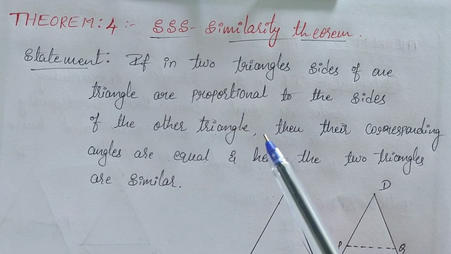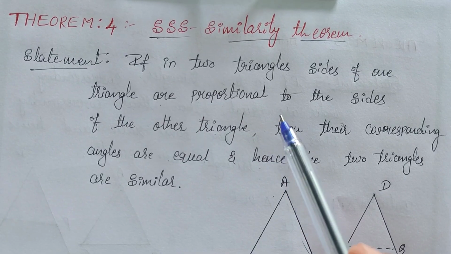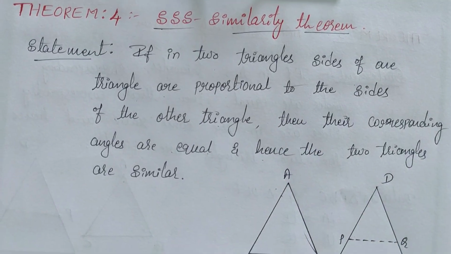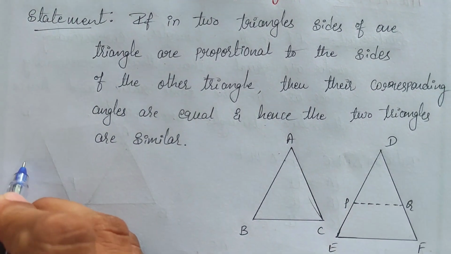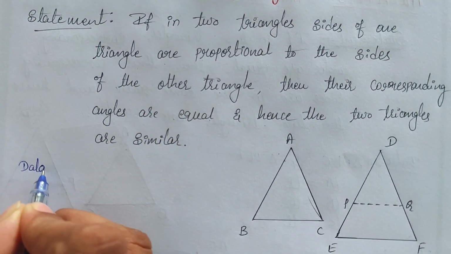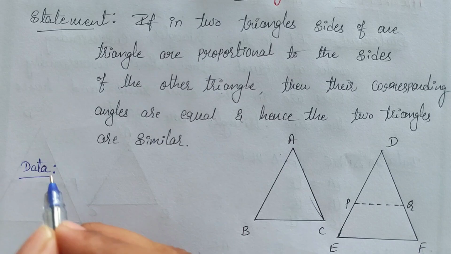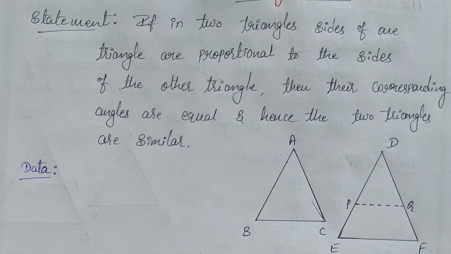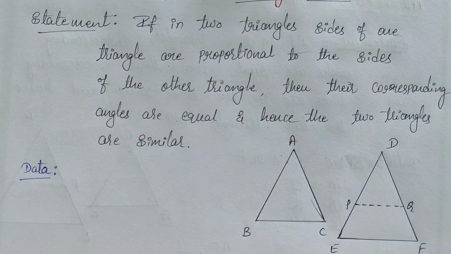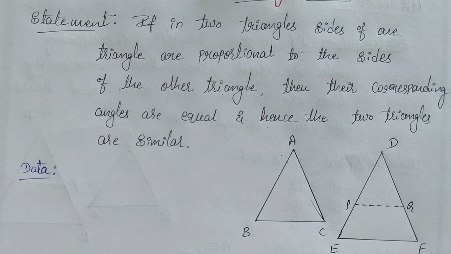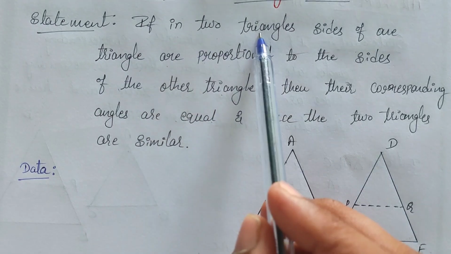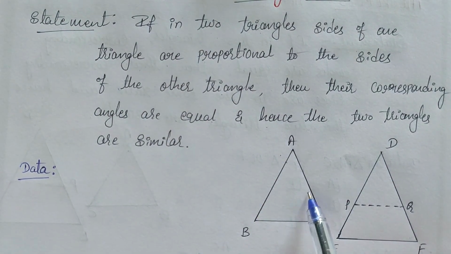You have to learn this statement first, and then the next step is to write the data. As I said in the previous videos, first we have to divide the statement into two meaningful parts, to get the data and to prove. First I will read from here. If in two triangles, so we have two triangles here.